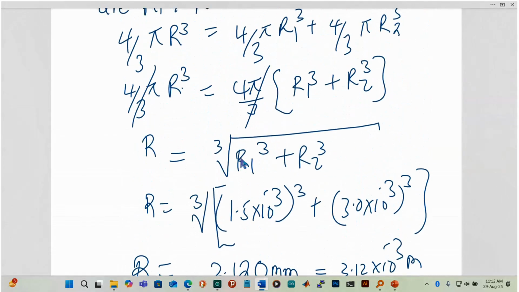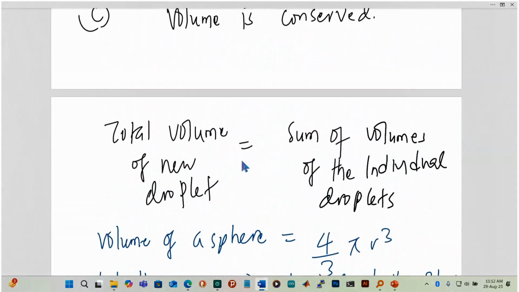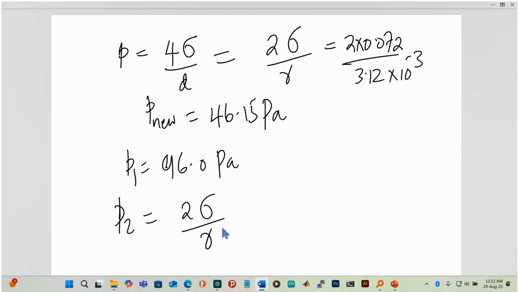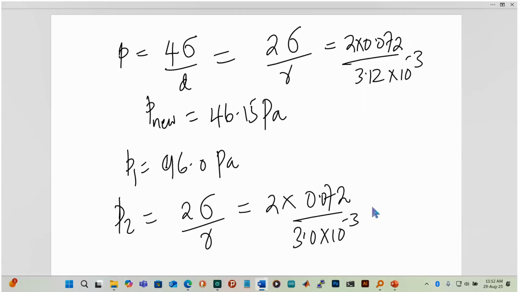pascals. Now let's look at the pressure. We know P1 was 96.0 pascals. Let's look at P2, which is 2 sigma divided by R, where the R we use is 3.0 millimeters. So this is 2 times 0.072 divided by 3.0 times 10 to the power negative 3. My calculator gives me 48.0 pascals.